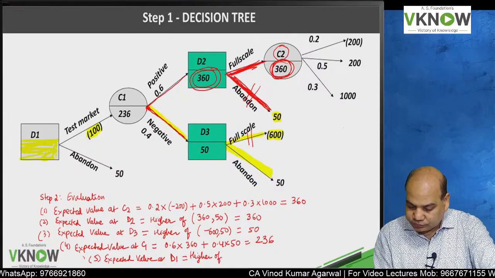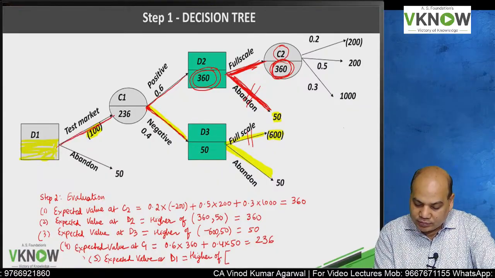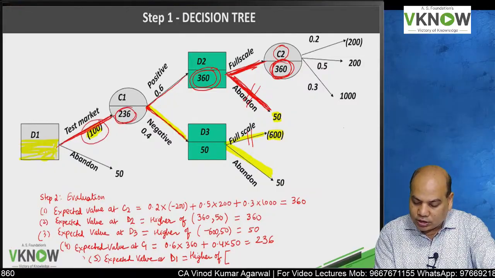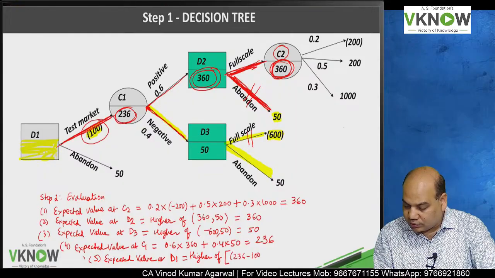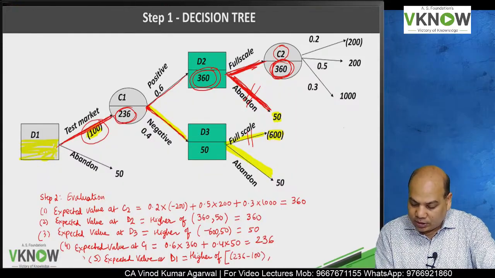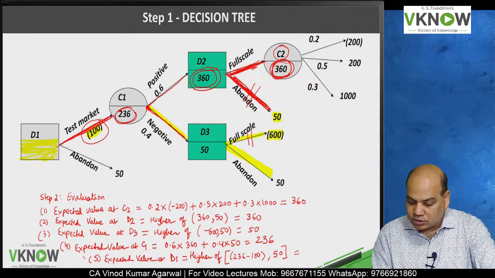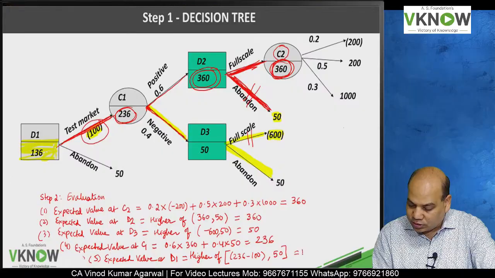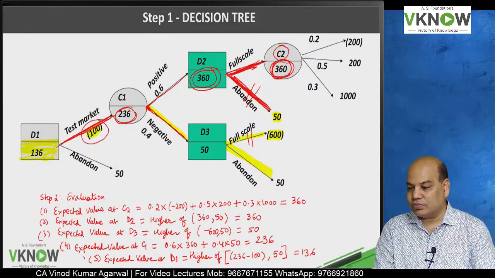If I go for test marketing, the payoff is 236, but there is a cost of 100 also, so 236 minus 100, and if I abandon, I'll get 50. So what is the answer? The answer is 136.